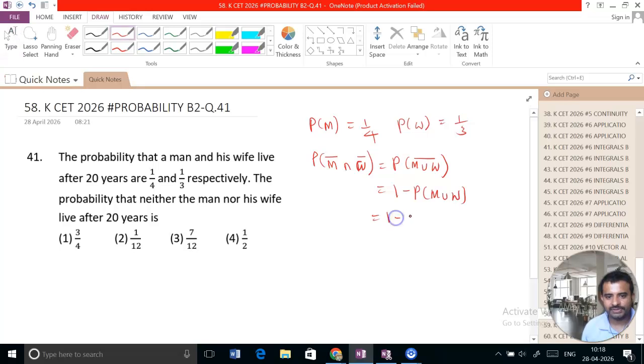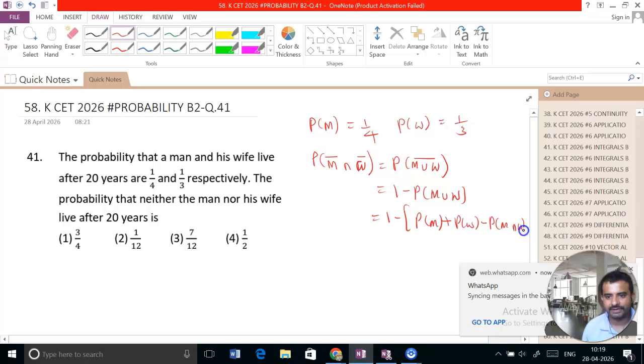If I use the formula, probability of the man plus probability of his wife minus probability of man intersection wife. You should know that the probability of the man living after 20 years does not depend on his wife, so both are independent.